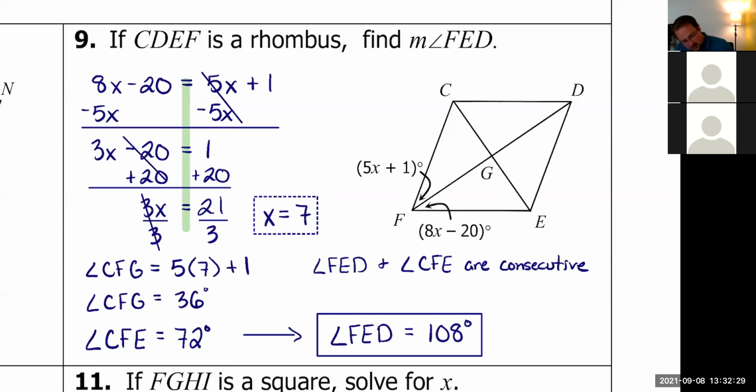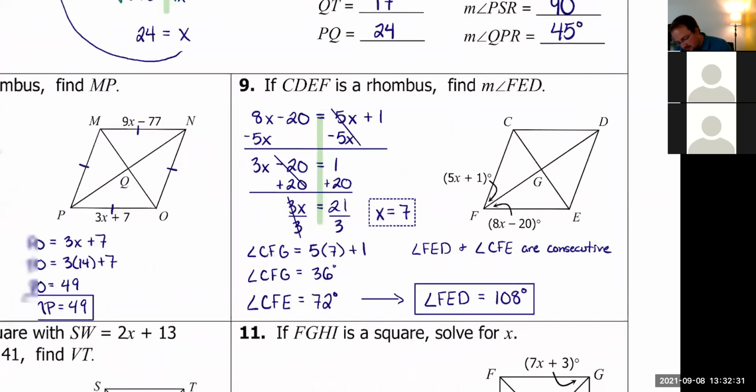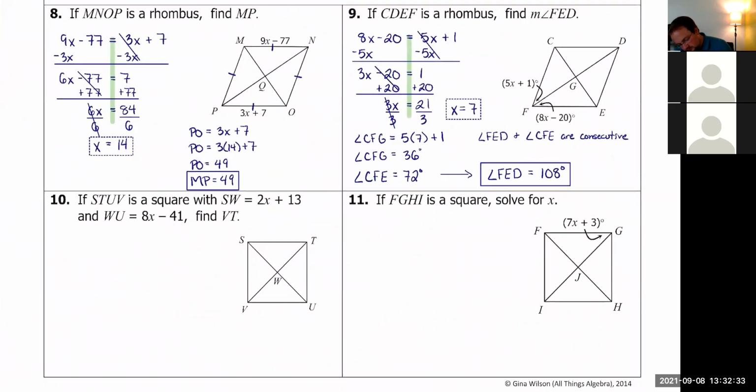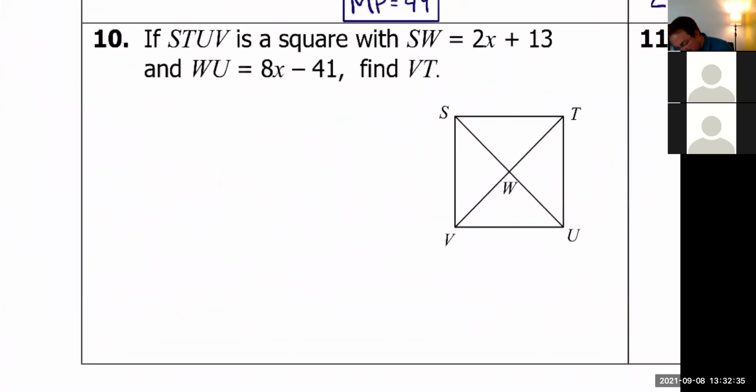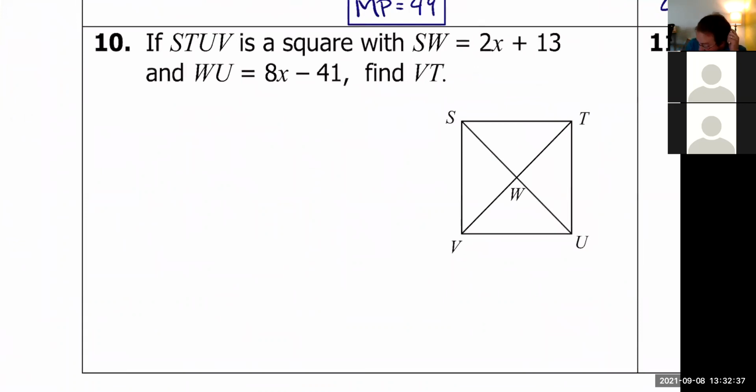Numbers 10 and 11 should go a hair faster. Number 10 tells me that STUV is a square with SW being 2x plus 13, and WU being 8x minus 41. Find VT.